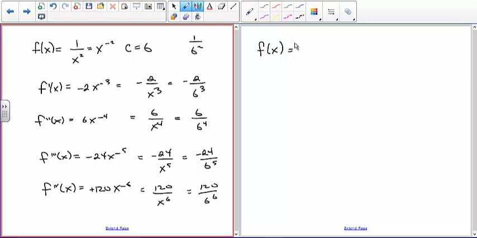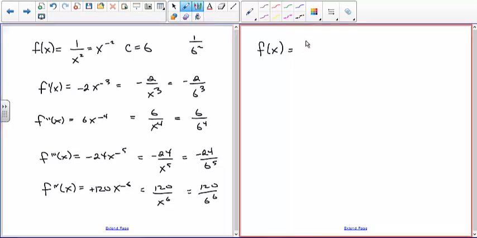Okay, so the first term is 1 over 6 squared. The second term is negative 2 over 6 cubed times x minus 6, plus 6 over 6 to the 4th power times x minus 6 squared divided by 2 factorial.